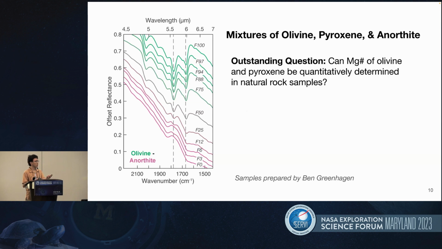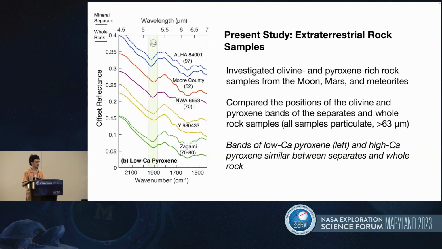Now, the outstanding question is, can Mg number of olivine and pyroxene be quantitatively determined in natural rock samples, not just in particulate mixtures? So the next part of the study, the present work, has involved investigations of olivine and pyroxene-rich rock samples from the Moon, Mars, and meteorites.